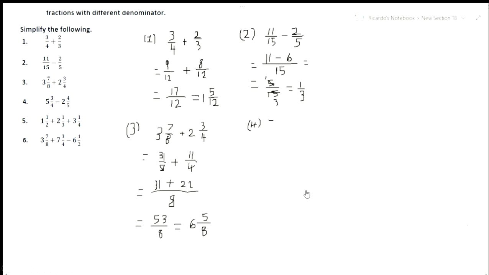So let's write it. Once again, we are going to turn this into a top-heavy fraction or an improper fraction. 5 4s are 20.